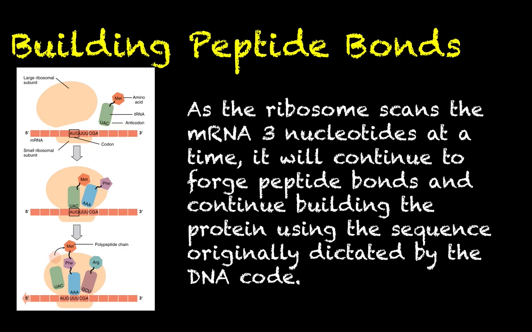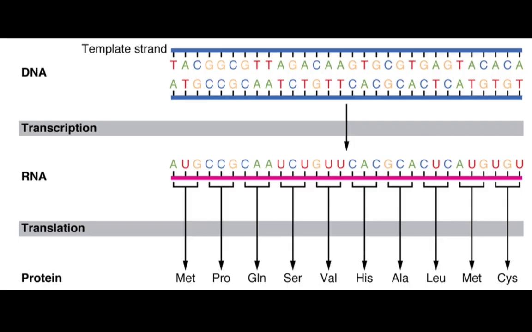The DNA provides the instructions on how to build the protein, and the way to build a protein properly is to attach the amino acids together in the proper order. We talked in a previous video about the importance of primary sequence in determining the folded structure of a protein, and therefore what the function of that protein is going to be.